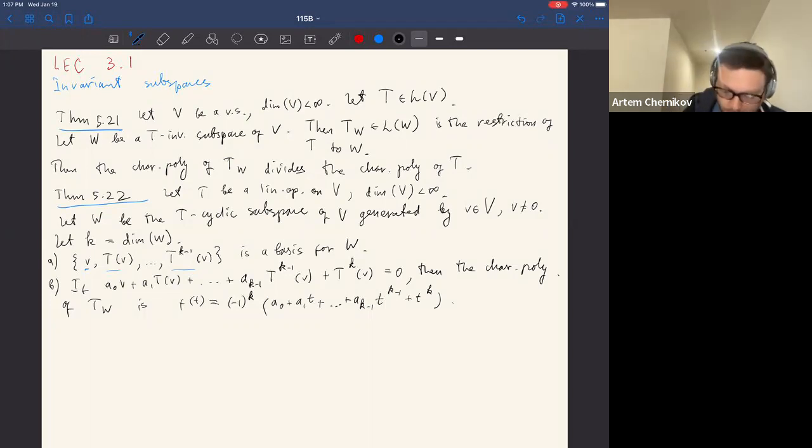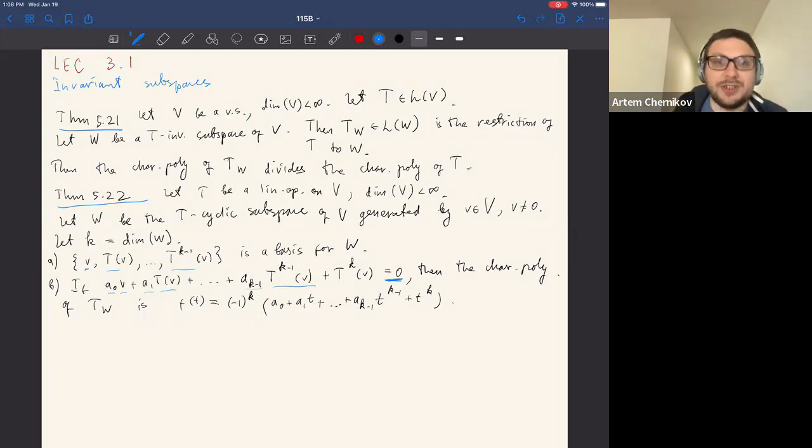Okay. So note that there exists some choice of the scalars a_0, a_1 through a_(k-1), so that the corresponding linear combination here is equal to 0, right? Because we know that the basis is given by the first k vectors, so v, T of v through T^(k-1) of v, okay? Hence there must exist some choice of the scalars a_i like this, so that the sum is 0, right?